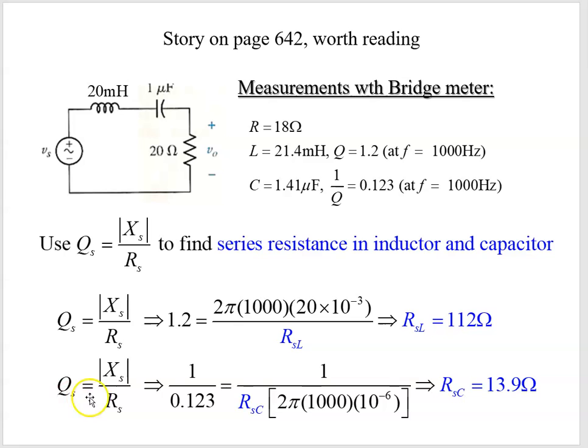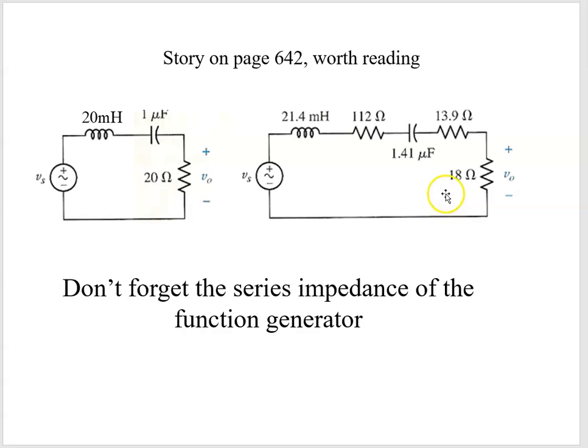And for our capacitor, the series reactance is 1 over omega naught C. So we get that to be 13.9 ohms. So then we can model that in our circuit, and this is what we can then analyze.